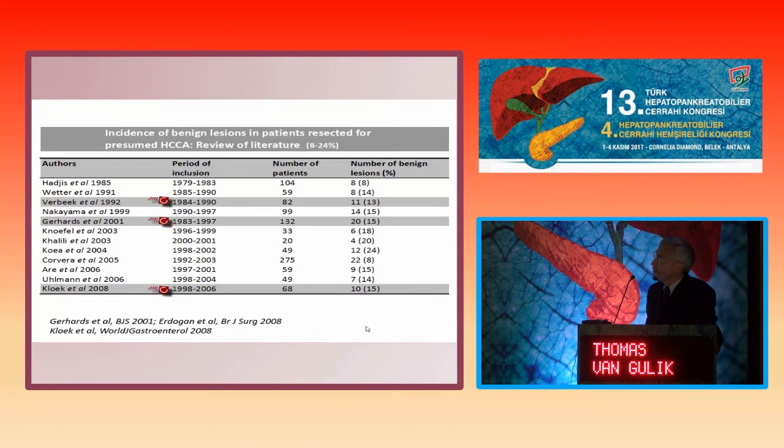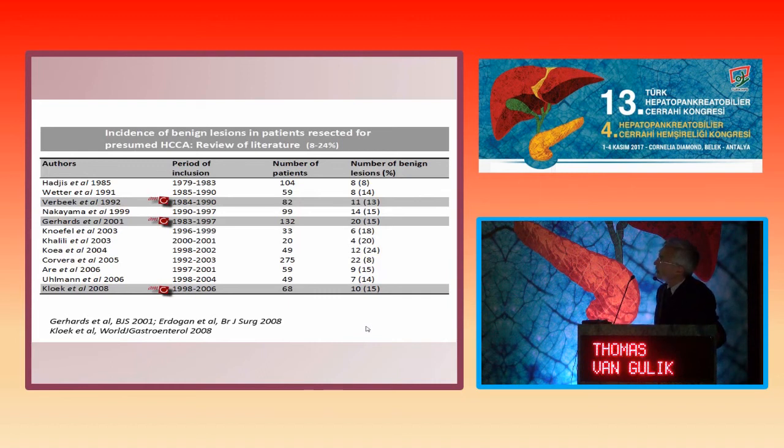Now, we have a large experience with the treatment of these patients, and at several time points we have assessed the rate of patients who had a benign lesion instead of the presumed carcinoma. When you look at the whole literature, you see that it is between 8% and 24%.